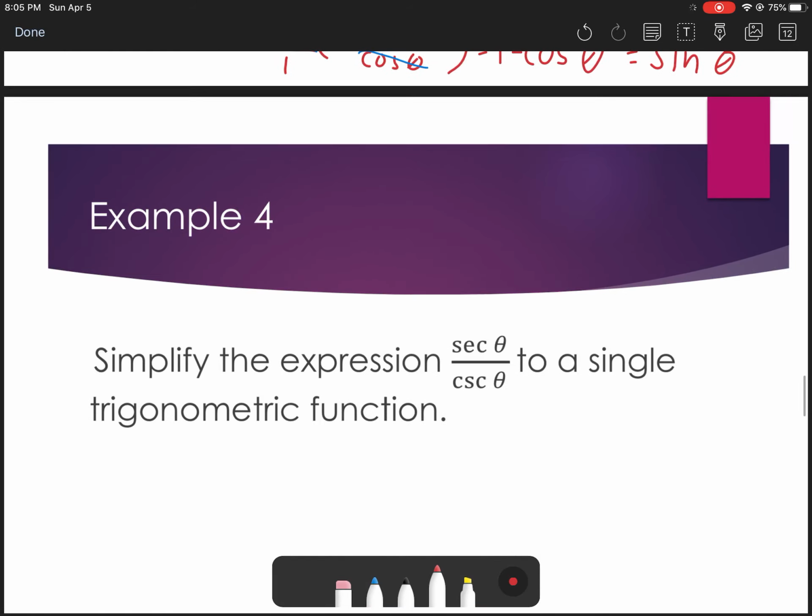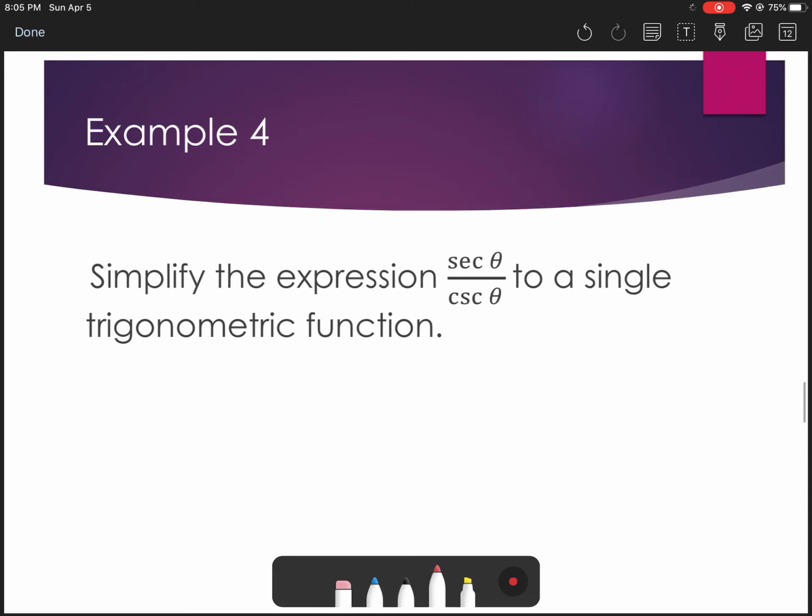Okay, next example here, we want to write this again as a single trig function. Secant of theta divided by cosecant of theta. Okay, we're going to write this out as 1 over cosine of theta divided by 1 over sine of theta.